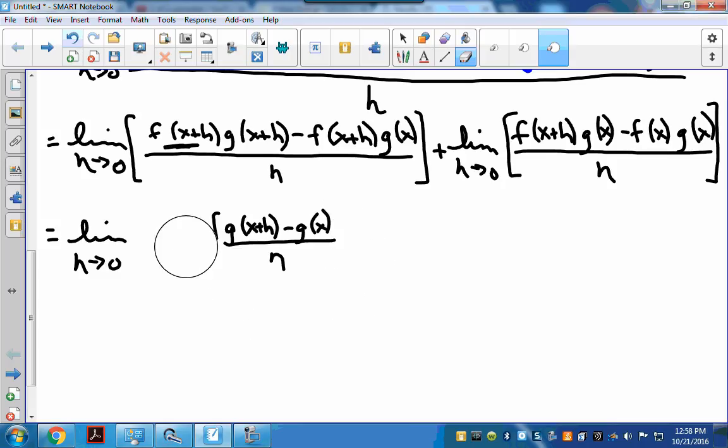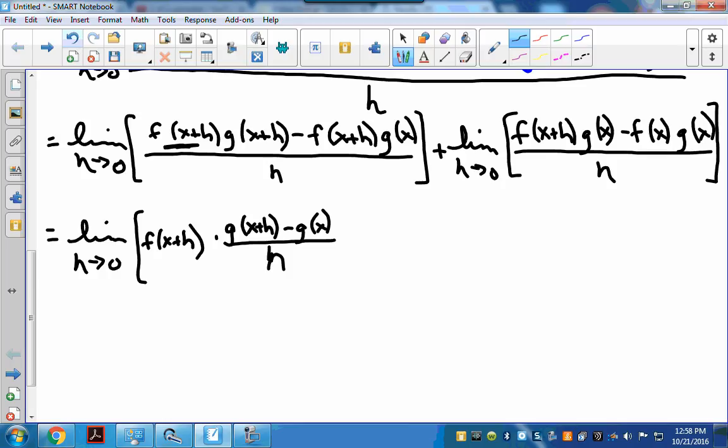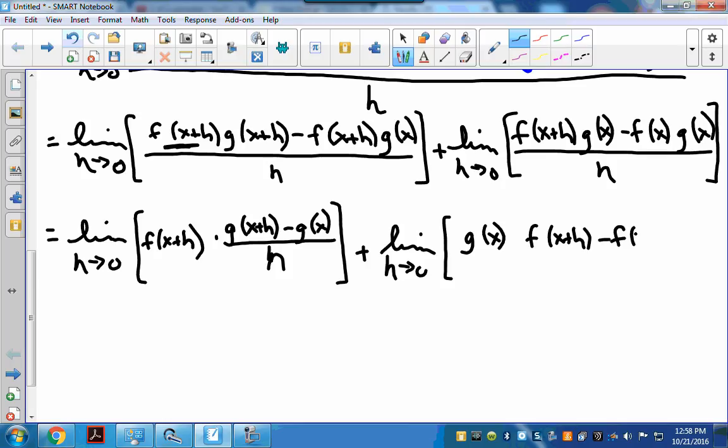Okay, so if I want the limit of a product, the first factor is f of x plus h. And the second factor is g of x plus h minus g of x over h. So that's okay. And we'll do the same thing with the second term. H goes to 0. We'll factor out the g of x, and we have f of x plus h minus f of x over h. Right?